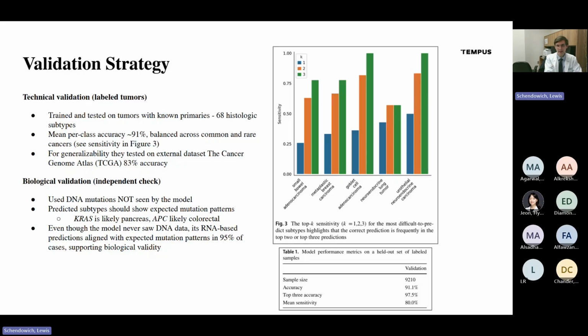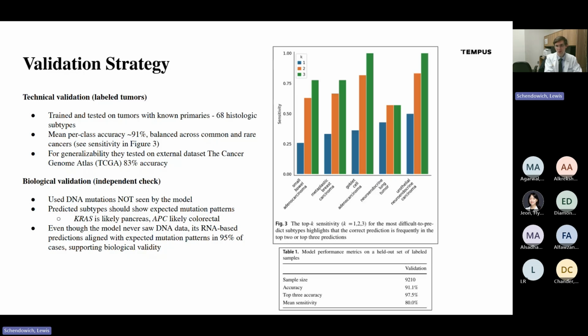You can see on the right, on figure 3, the most difficult to diagnose tumors, including small bowel adenocarcinoma, metastatic breast, as well as goblet cell adenocarcinoma, and even neuroendocrine lung tumors. You can see that the ranked probability 1, 2, and 3, meaning the 3 cancer types that they may provide, have different sensitivity levels.